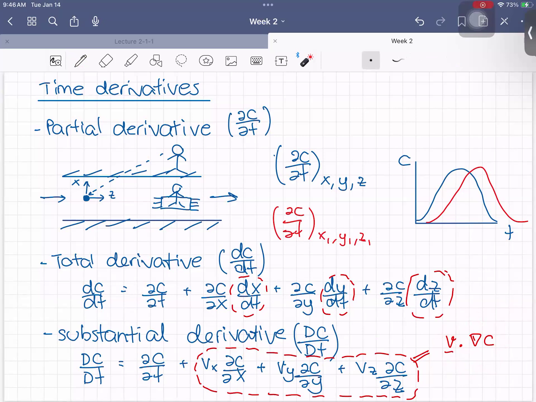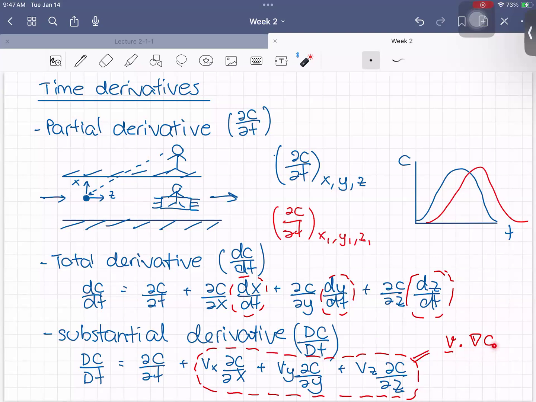So last week it was equivalent to vector A, for example, and del C is equivalent to del phi, because C is a scalar. Phi that we mentioned last time is also a scalar, right? So the whole term here is equal to V dot del C. Please go back and review the lecture from last week.